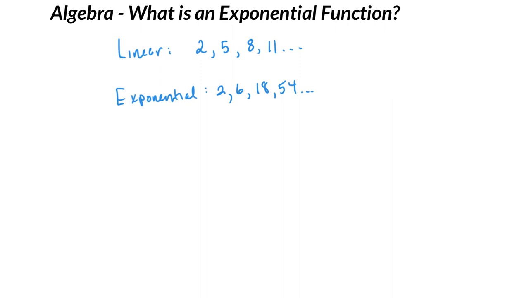It's a constant addition, and that constant addition is the slope. So we would typically write this as y equals 2 plus 3x, where that constant addition tells us what we're going up by every time. That's our slope.